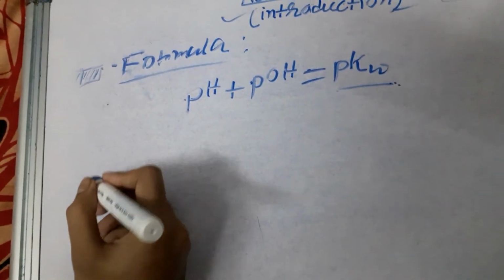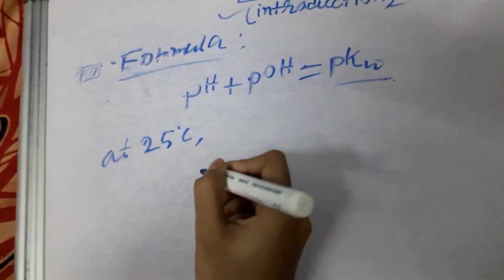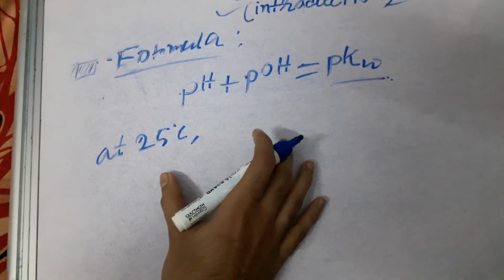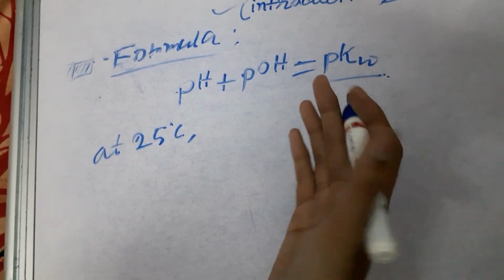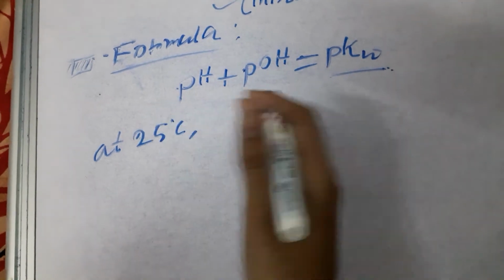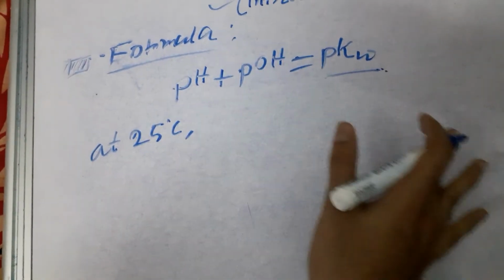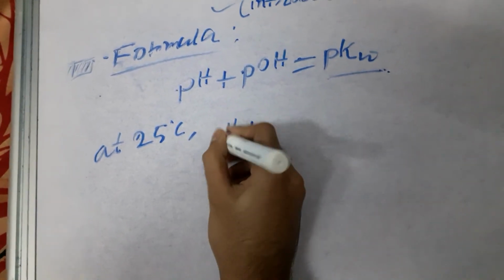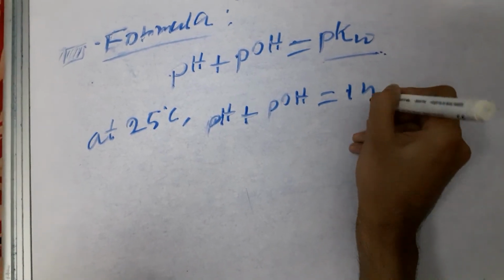Basically, at 25 degrees Celsius, our pH scale is applicable. At a higher temperature, the pH scale can change. Now, pH plus pOH equals 14.